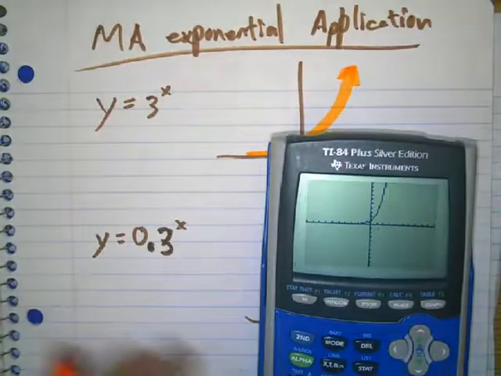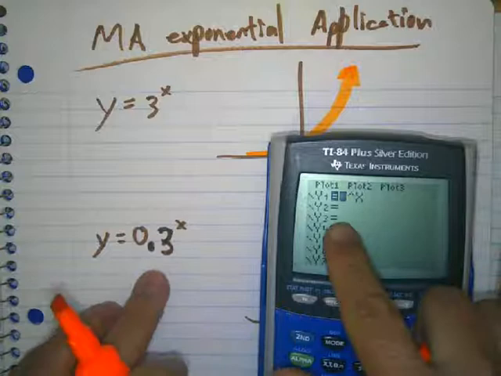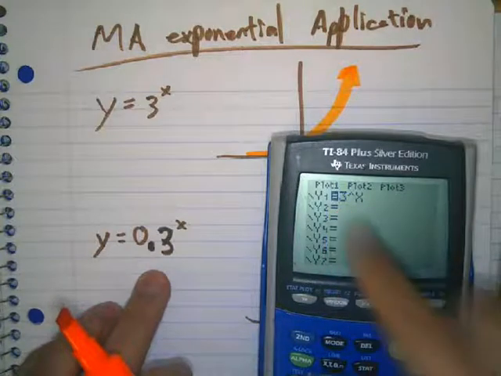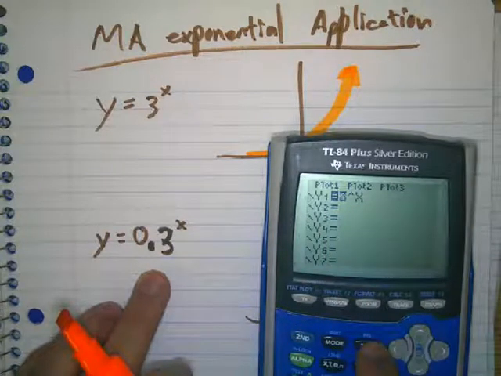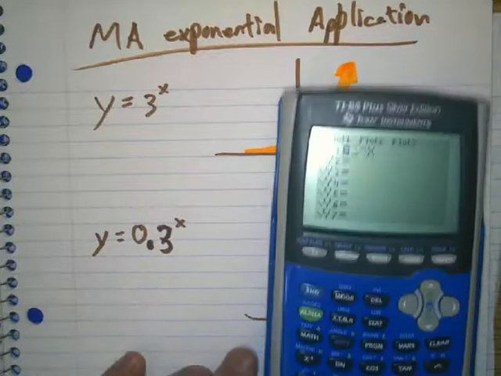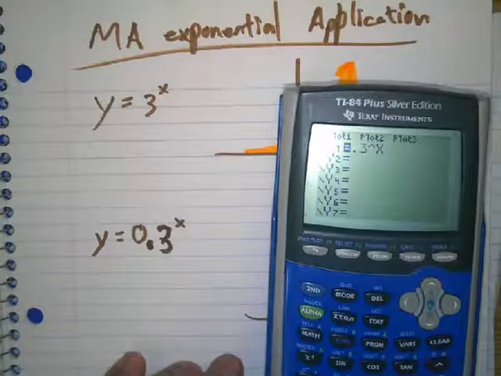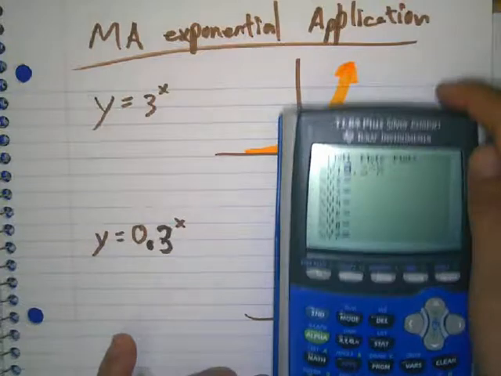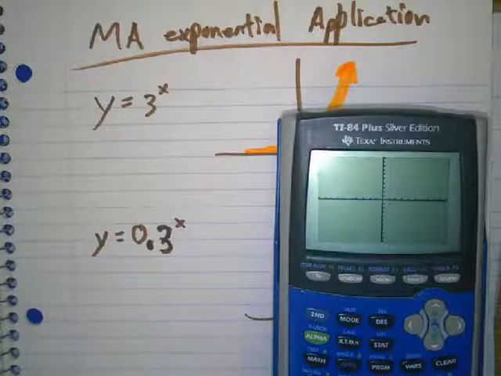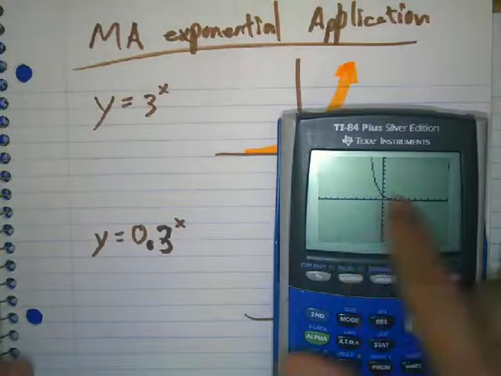And what if this number was less than 1? So I'm going to do second delete to insert, and I'm going to type in 0.3. Okay, so if I got 0.3 to this power, let's see, how does the graph change? Notice the graph looks like that.